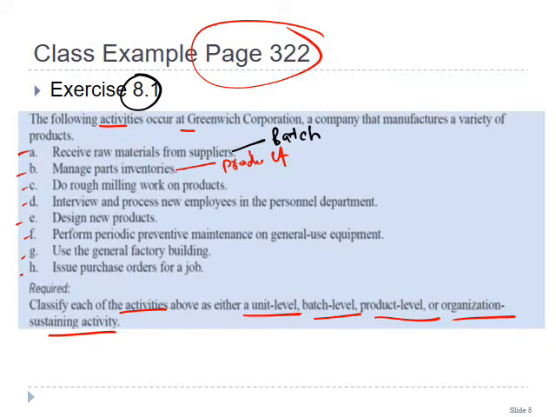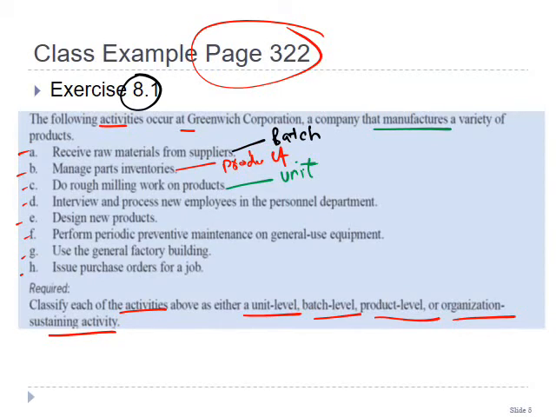What else is included in product level activities? Advertising and designing as well, right? So C, rough milling work on product, is best suited for unit level, because you are a manufacturing company, right? So that belongs to unit level.